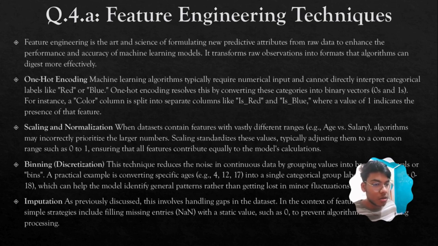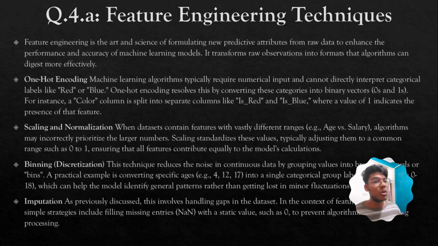For instance, a color column is split into separate color columns like is red, is blue, is green, or some other colors that are written in the table. All of these columns get separated into different color columns, where a value of 1 indicates the presence of that feature.